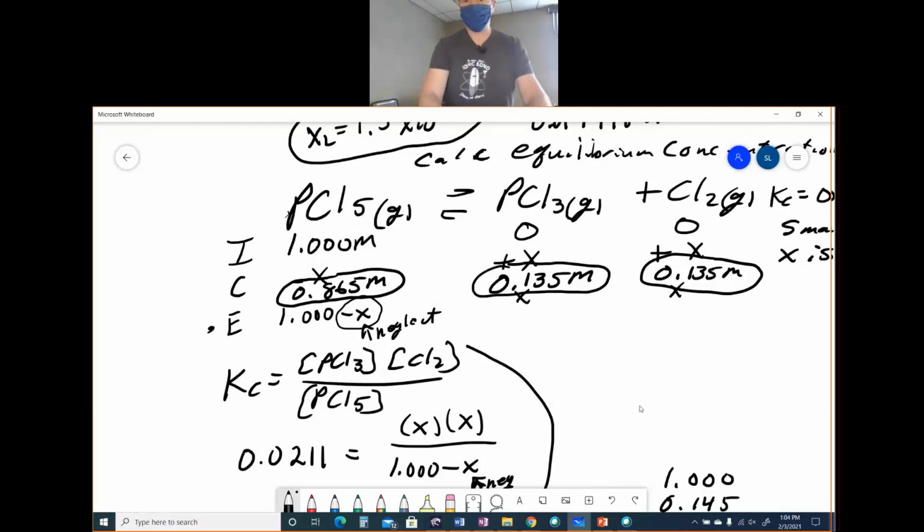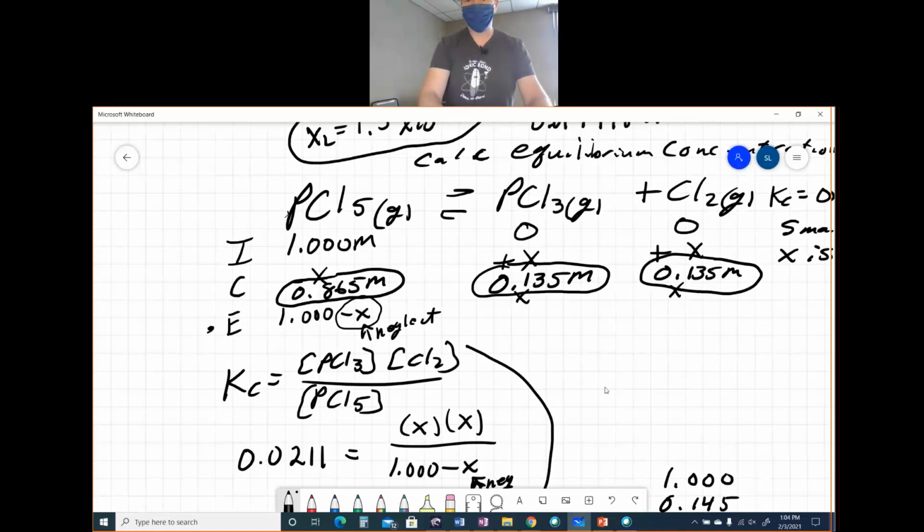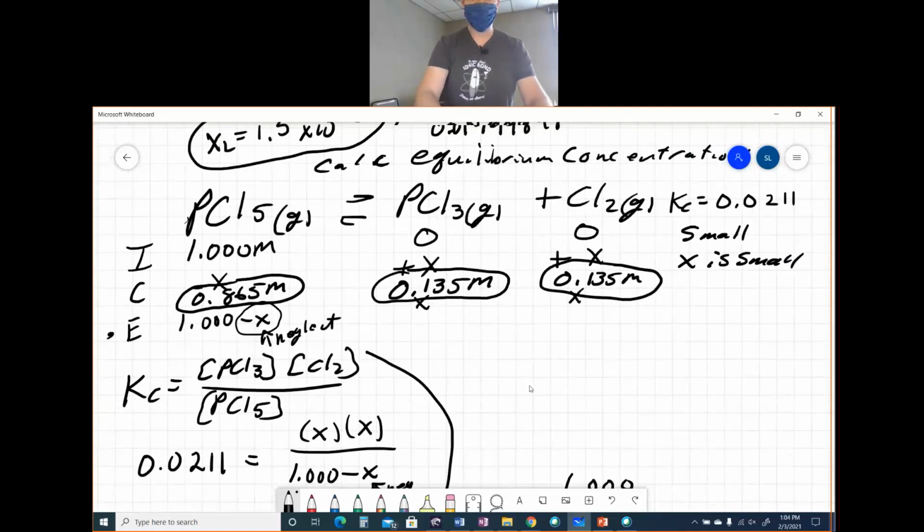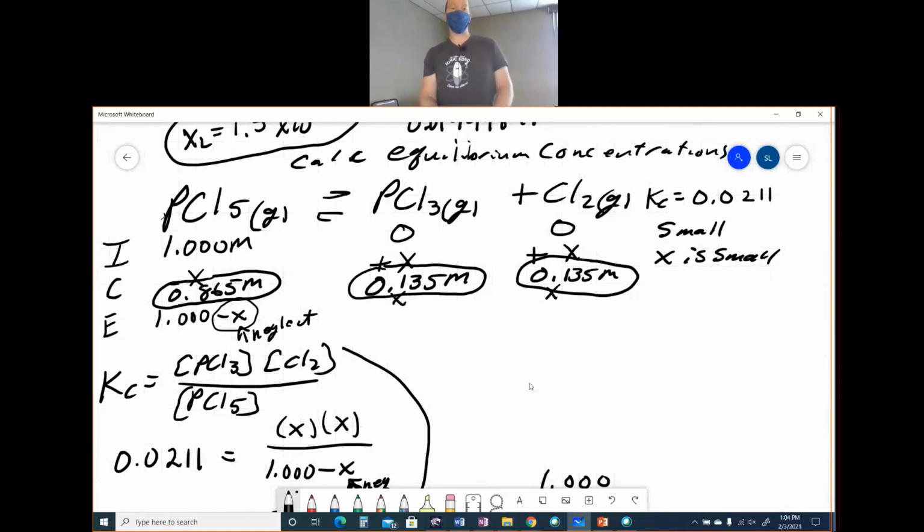And then a final step that you could do is you have your expression for Kc, you plug in your numbers, 0.135 for Cl2, divided by the 0.865 for PCl5, and you will get the 0.0211. Now, will you exactly get the 0.0211? Probably not.